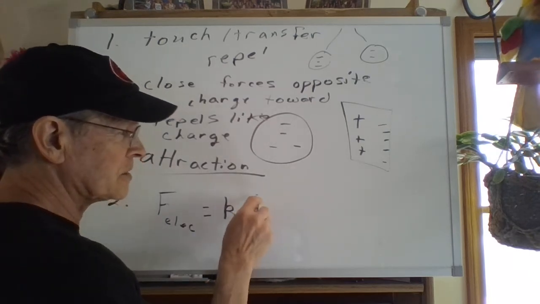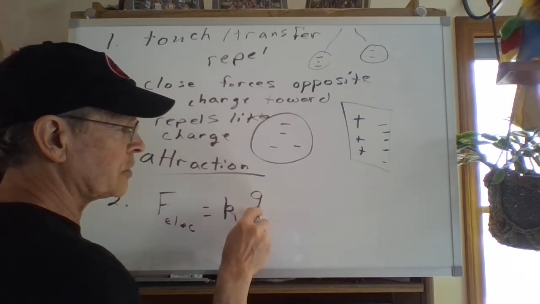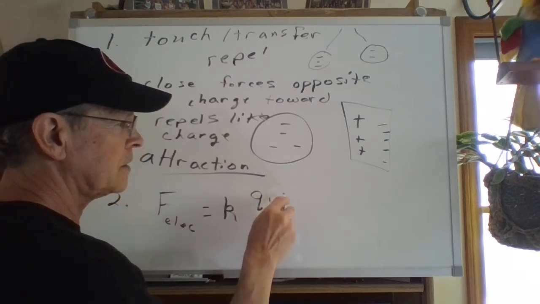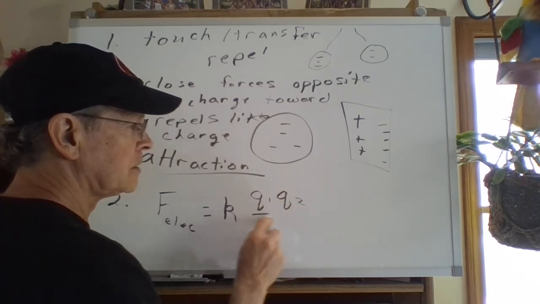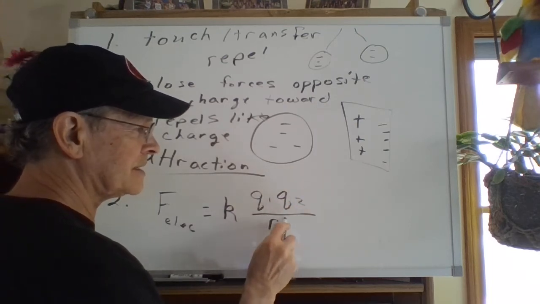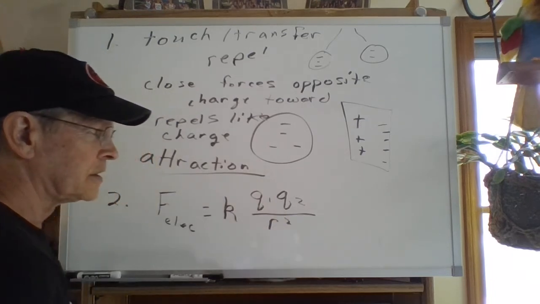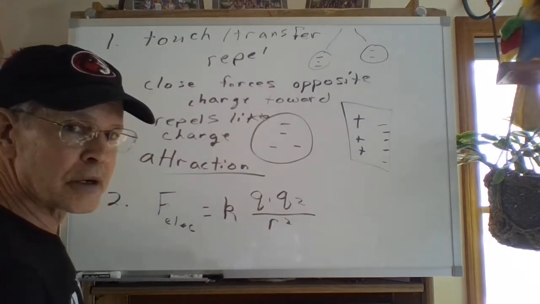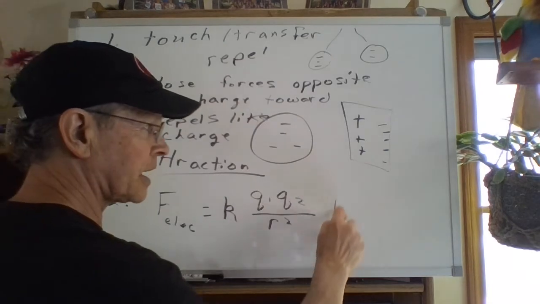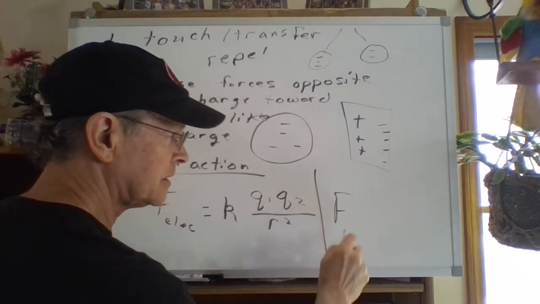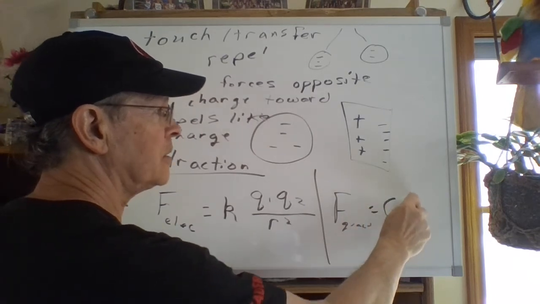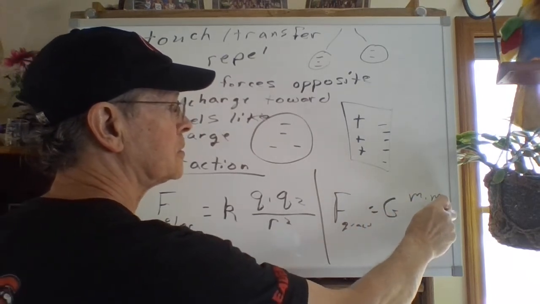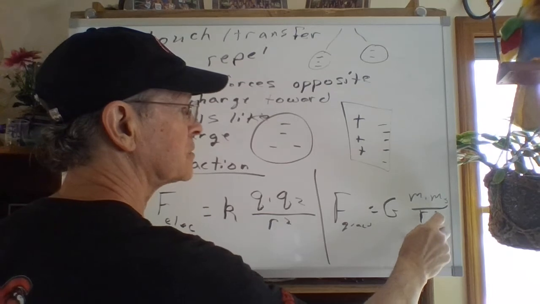But the important part is that it is equal to the charge of one, Q1, times Q2, the charge of the other, divided by the distance between them squared. Q1 Q2 over R squared. If you want to make that comparison, gravity was big G, M1 M2 over distance squared.